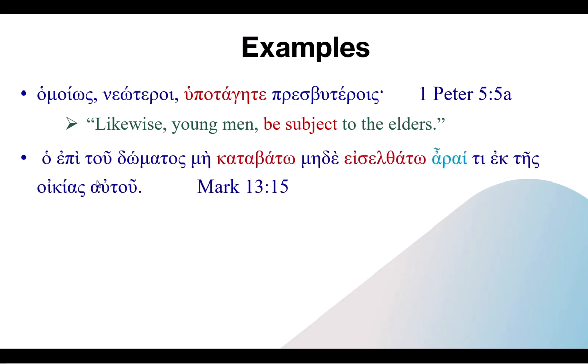Another example is ho epi tou domatos me katabato mede eiselthato arai ti ek tes oikias autou. We have two imperatives here. I've marked those in red, and we have an infinitive, which is marked in light blue.